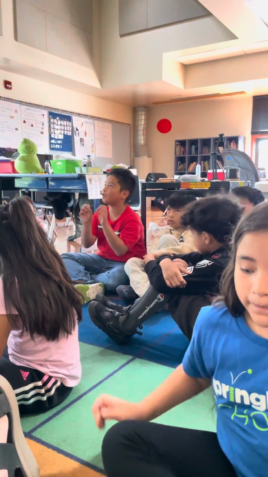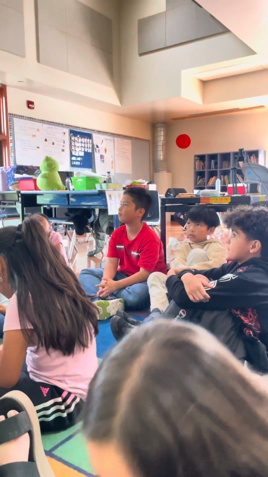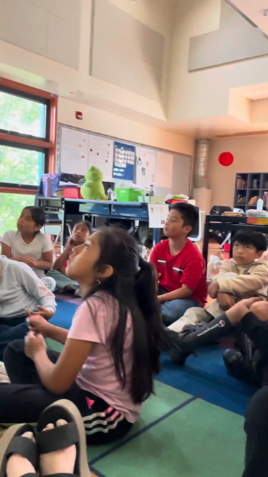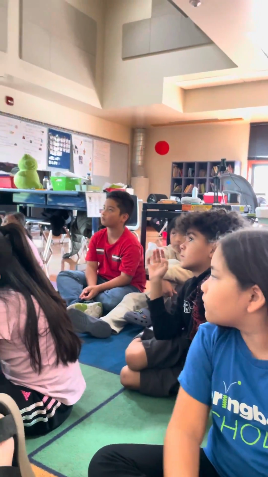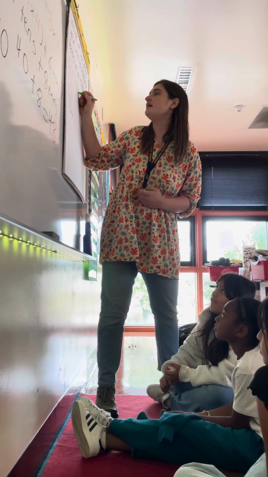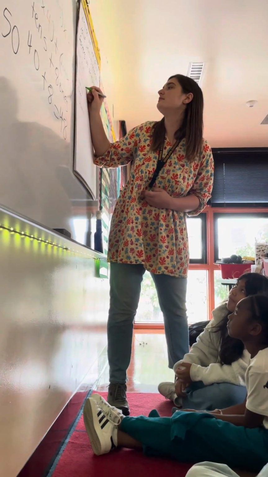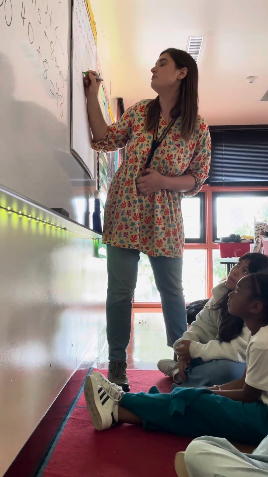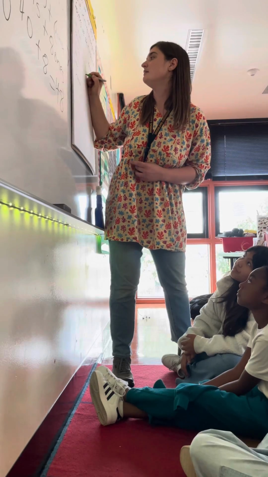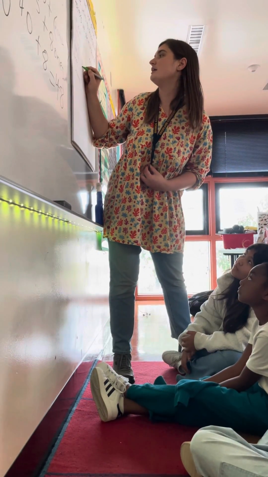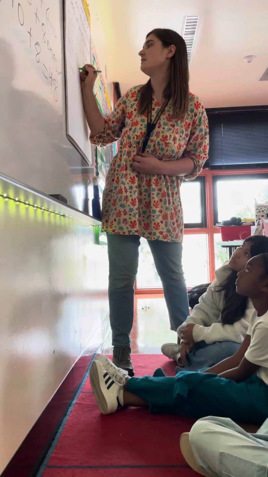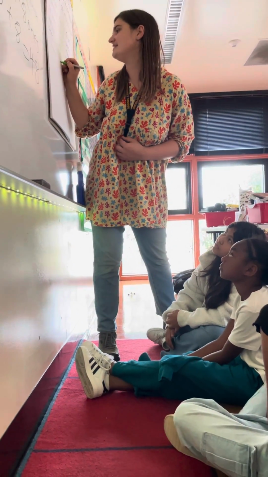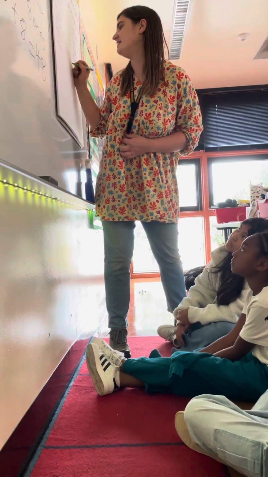Because 12 has 2. 4 only has 1. Two digits. So it makes it possible to multiply larger numbers. Okay. Thank you, Nelson, for sharing that idea with us.